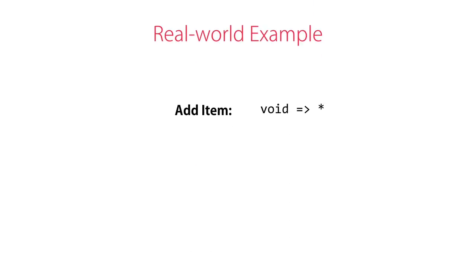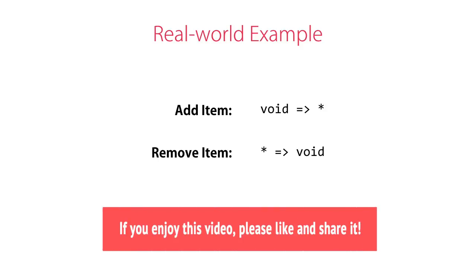Here's a real-world example. Think of a to-do list. Every time we add an item in the list, the corresponding element is first created, but it's not in the DOM yet. So it's in the void state. Then it transitions from this state into a new state. Similarly, when we delete an item from the list, the corresponding element transitions from its current state into the void state.